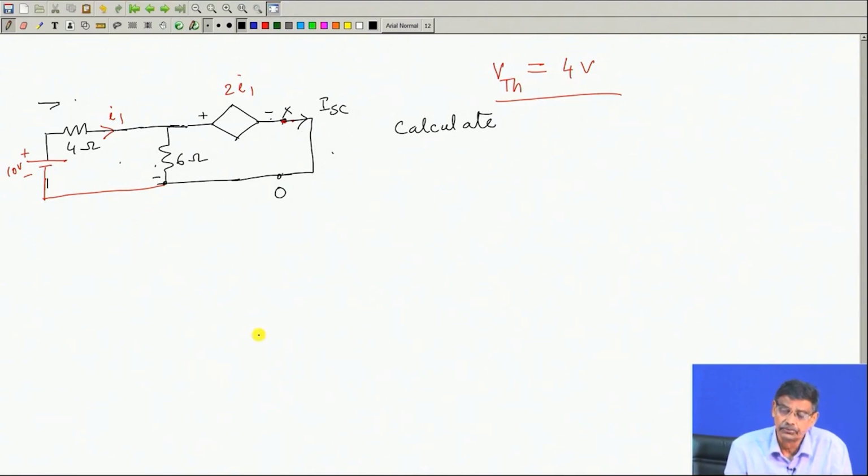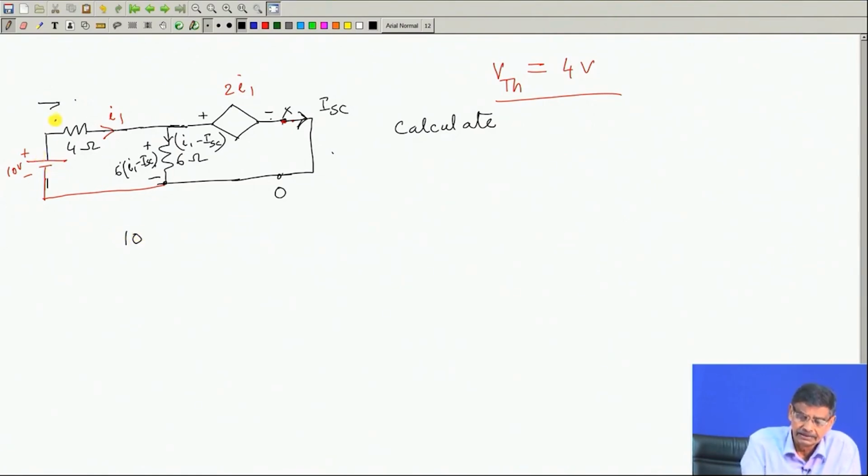So, generate two equations and try to solve for the current. Obviously, if this is ISC, the current in this branch will be I1 minus ISC, apply KCL. Then the voltage drop between these 2 points is 6 into (I1 minus ISC). Now apply the KVL equation in this loop, and please do it correctly.